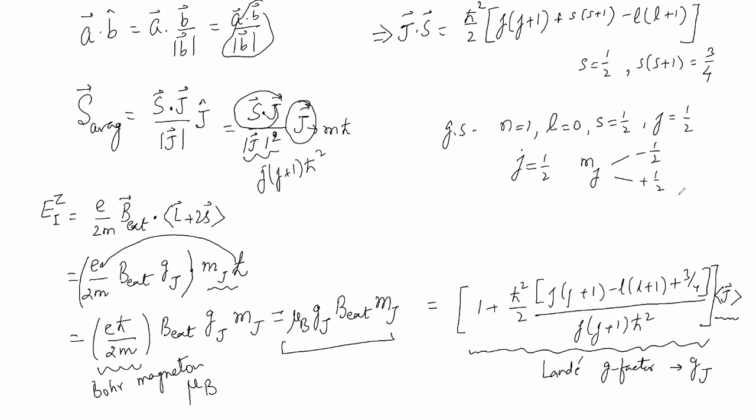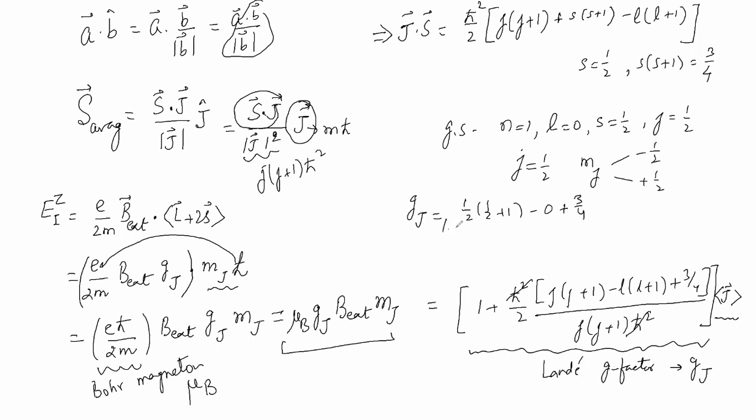Now for this value of n equal to 1 ground state, L equal to 0, S equal to half, how much is the Lande g factor? If you notice, the h square you can directly cancel with the h square in the denominator. J plus 1 is half plus 1 minus 0 plus 3 by 4.